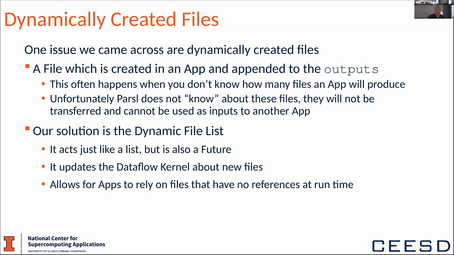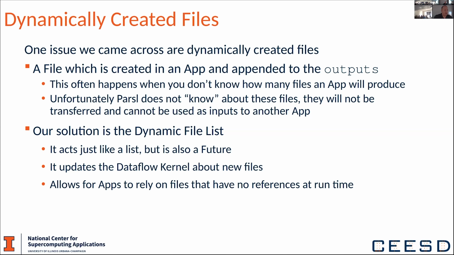So for your app's outputs, you just give it an open bracket, a list, and you can append to it. But unfortunately, parsl doesn't technically know about these files. It won't be able to stage them back, because when it's creating the DAG, it sees the empty list and says, well, there are no outputs coming from it.